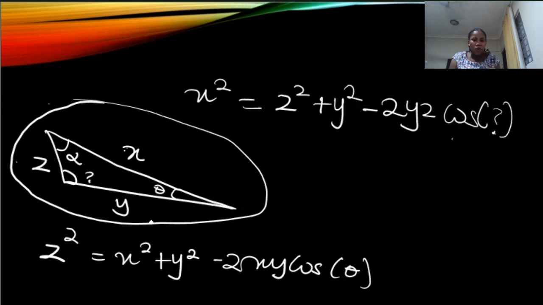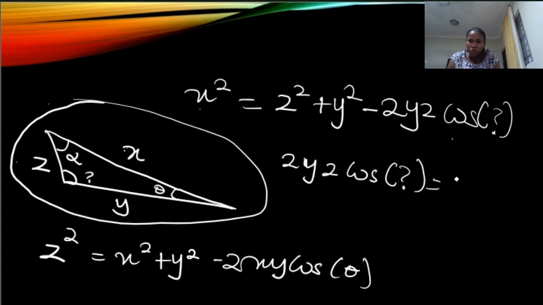In doing this, you know that the square of x will be equal to z squared plus y squared minus 2yz cos of the angle between them. Since that angle is the unknown angle, the angle opposite to x, you can use the cosine rule and just change the subject to find the unknown angle.